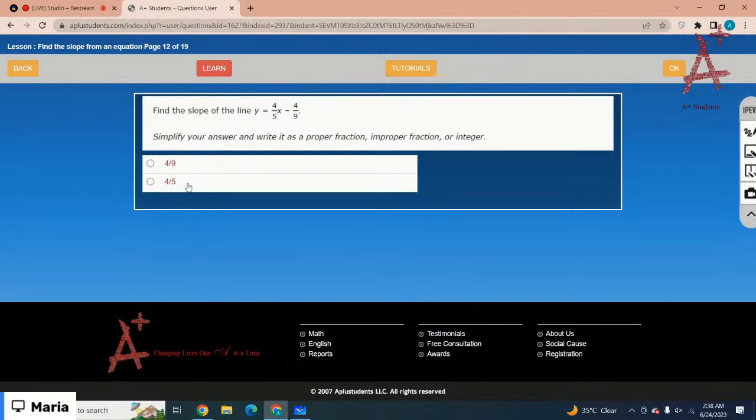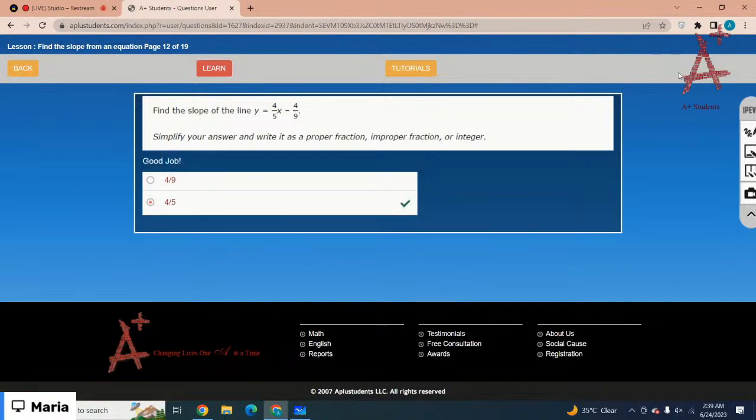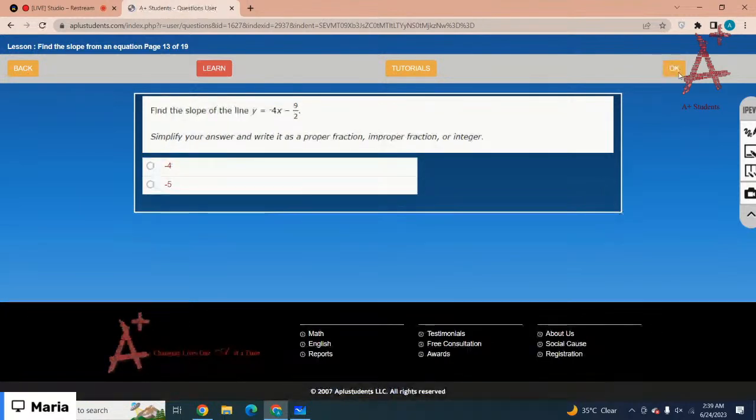So the correct option is 4 over 5. Find the slope of the line y equals negative 4x minus 9 over 2. Yes, that is negative 4. The slope of the line is negative 4.